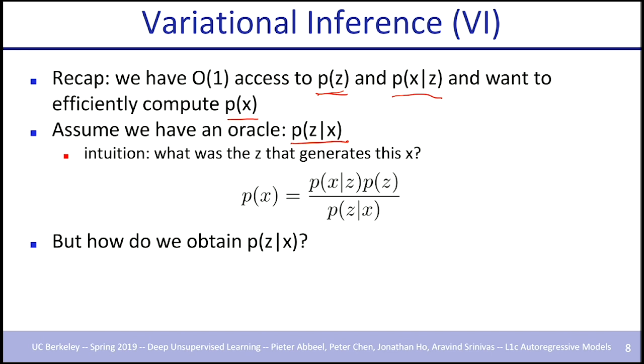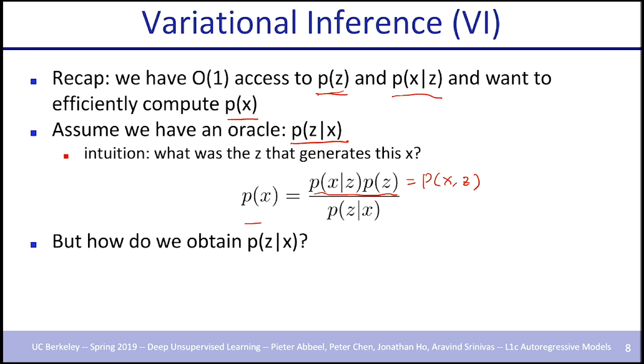Because the marginal is just the joint probability of these two random variables divided by the conditional of z given x. If I have this, then I can evaluate the marginal likelihood directly. That would be great.